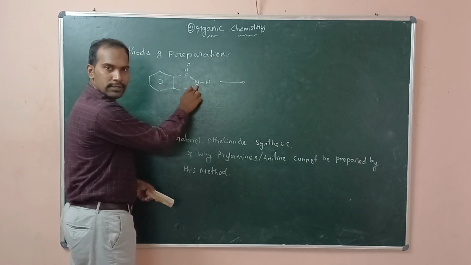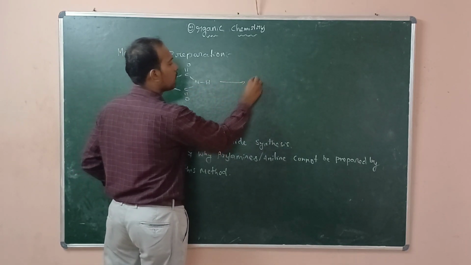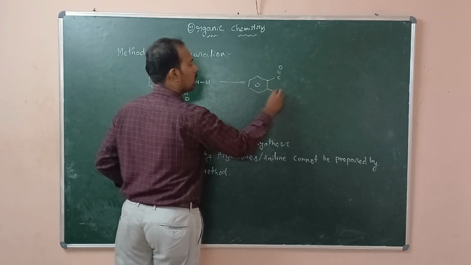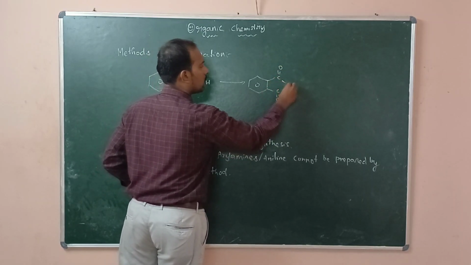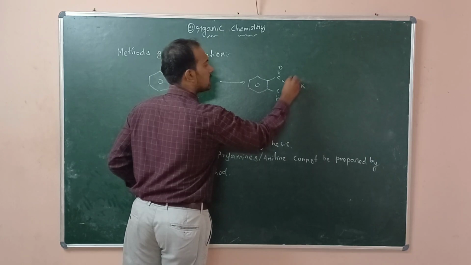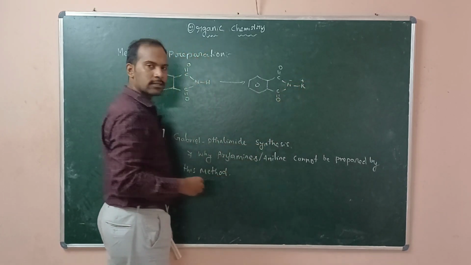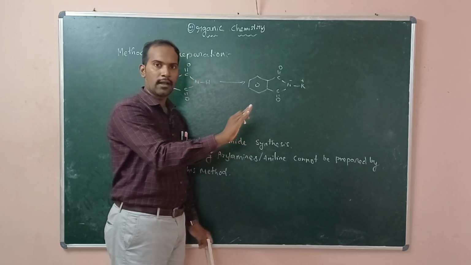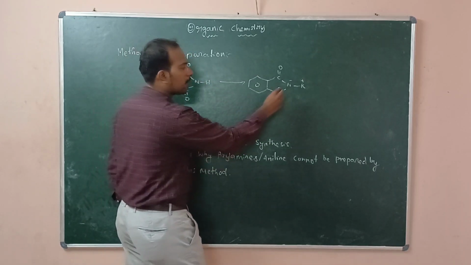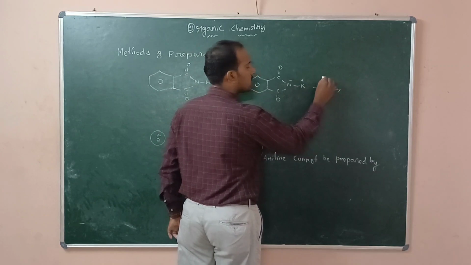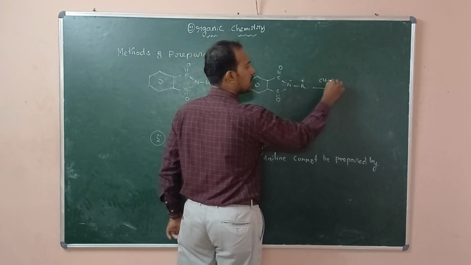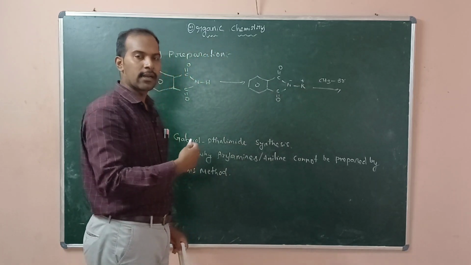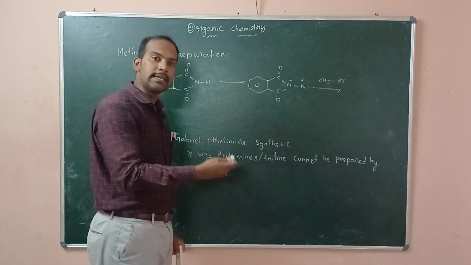So here we can write benzene C double bond O, C double bond O, N K, with N minus charge and K plus charge. Now this N minus acts as a nucleophile. For example, I'll write CH3Br, or I can write CH3Cl, or CH3I.